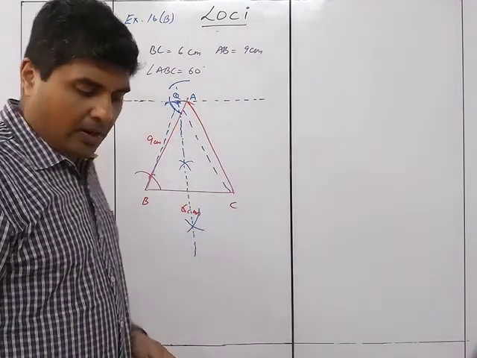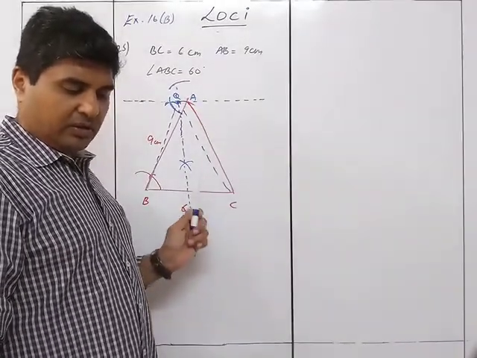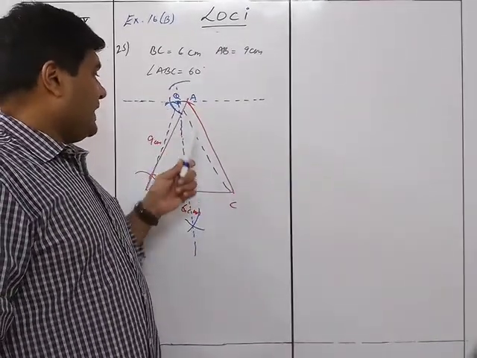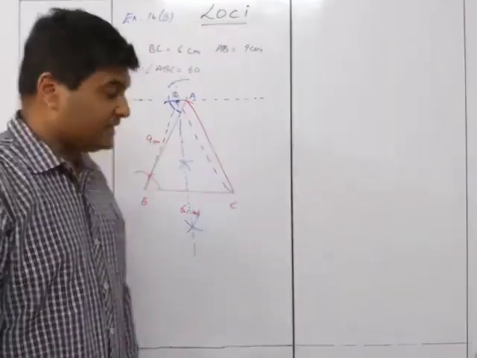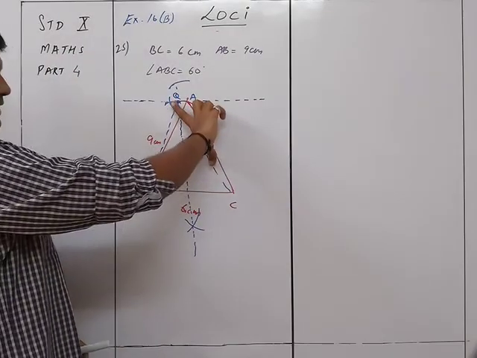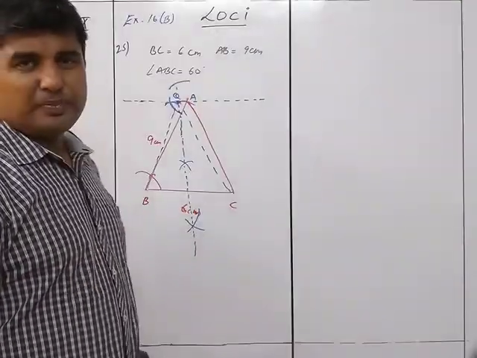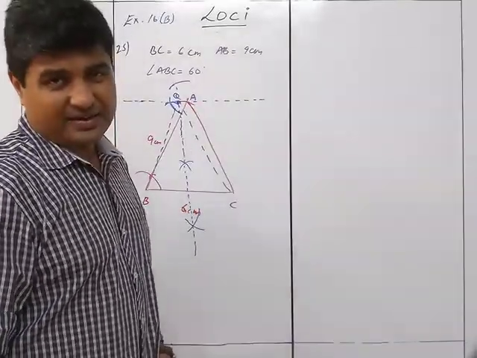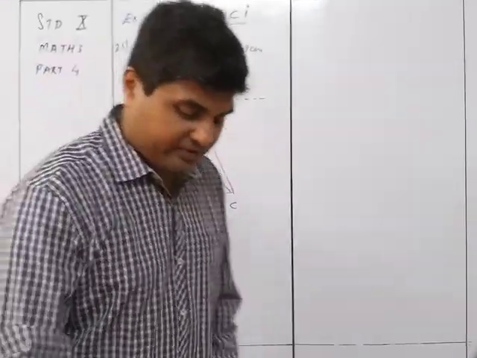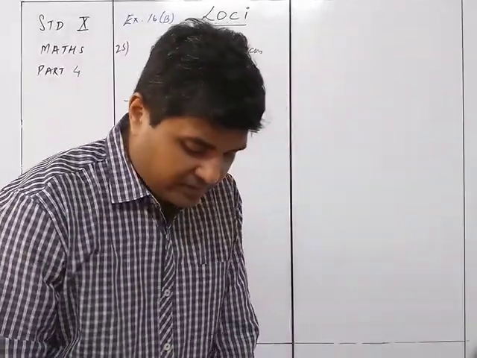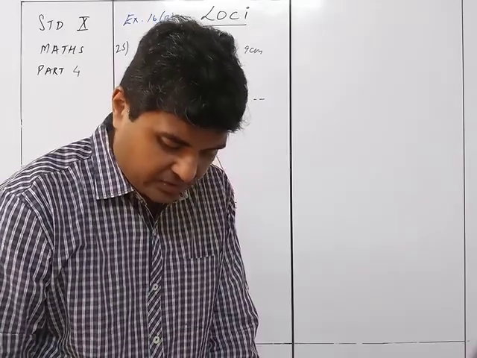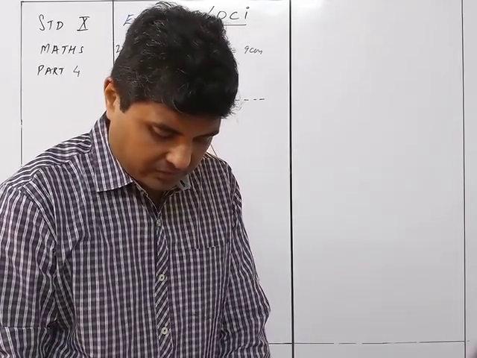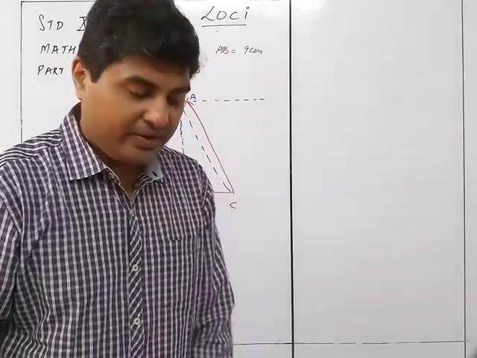So you mark point Q, which gives area QBC equal to area ABC, and record the line CQ. We will need to record the length. You can just measure it and find out what exactly it is. It will be something like 8 point something. They have not given the answer, so you can just check it and write it down. So that was sum number 25.